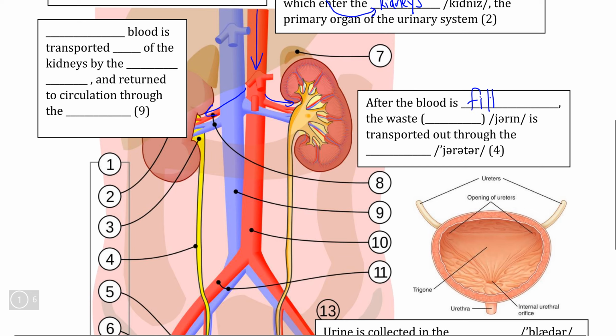So after that process is completed, after the blood has been filtered, the waste that is removed from the blood, which we know as urine, is collected into this bottom part of the kidney here and transferred downward through a tube that we call the ureter.